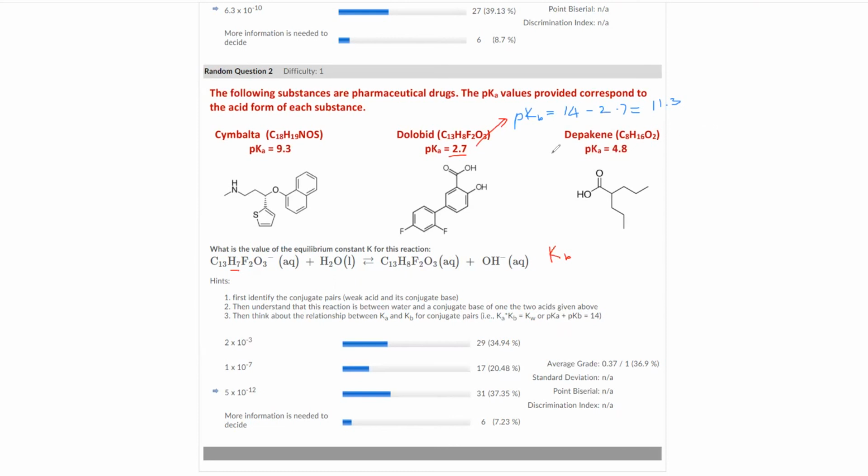Okay, therefore Kb must be 10 to the power of minus pKb, which is 10 to the power of minus 11.3, and it's going to be a 10 to the power of minus 12 value. That seems to be 5 times 10 to the power of minus 12. Okay, so it's the third option over here.